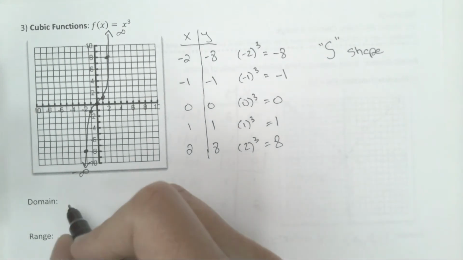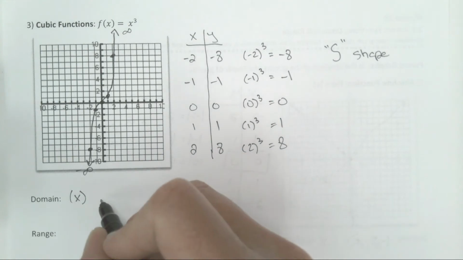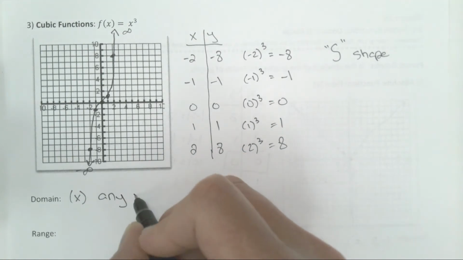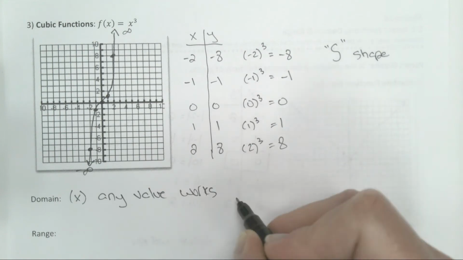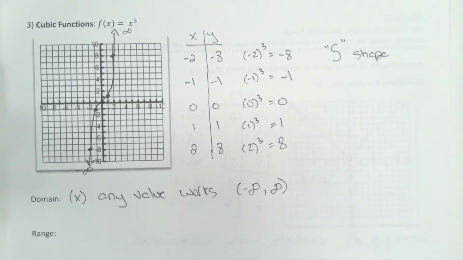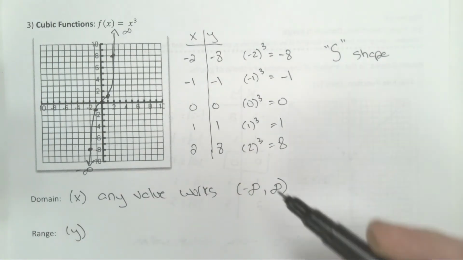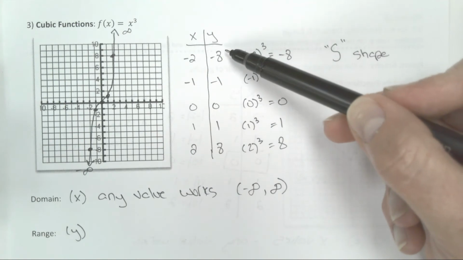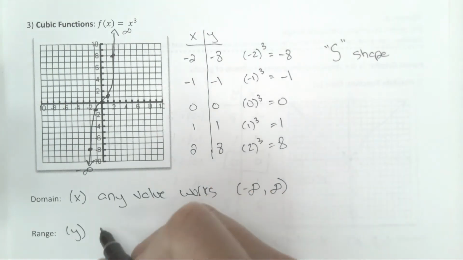Your domain. Domain is X, and once again, any value works. So this domain is also -infinity to +infinity. Your range is your Y values. So this one's different. I get both negative and positive values.